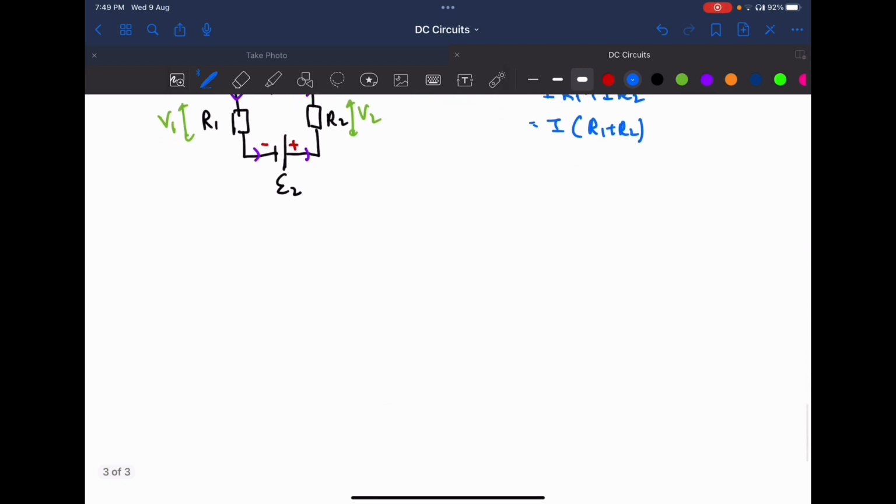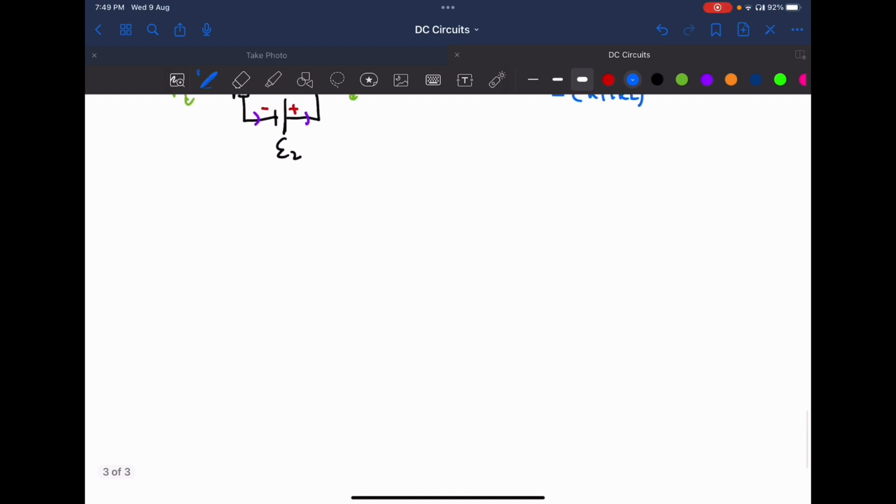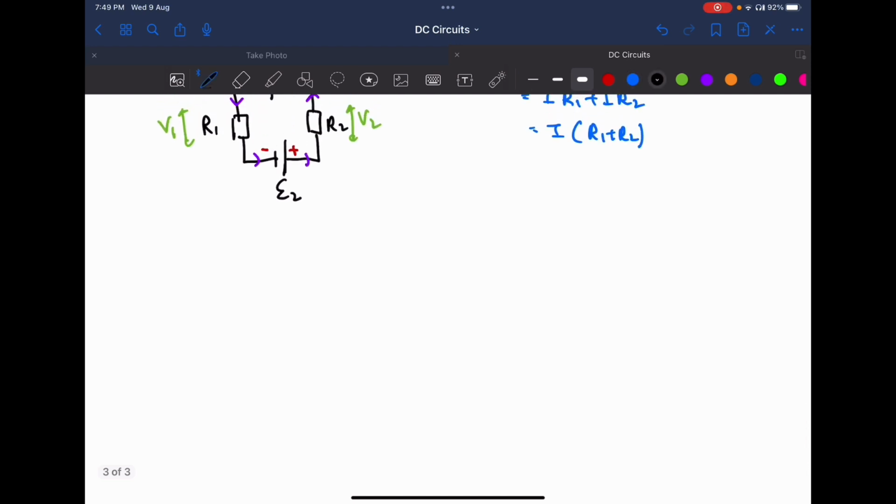Okay, what happens if you are given a circuit which looks something like this? E1 positive, E2 positive, so this is negative.